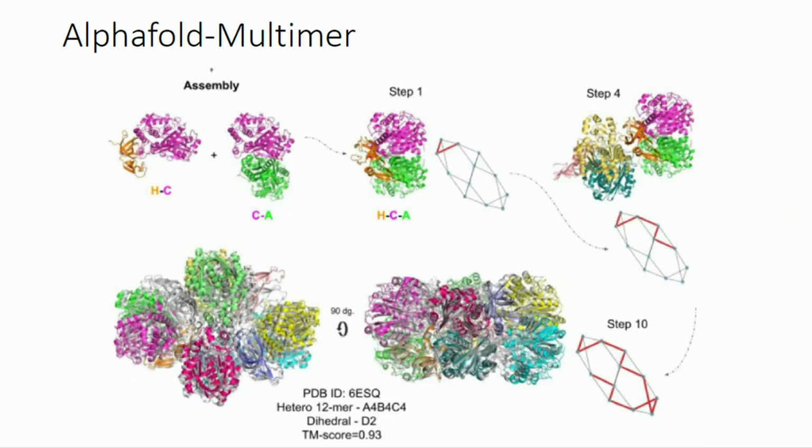So as a follow-up of AlphaFold 2, DeepMind came up with an additional assembly algorithm that makes use of AlphaFold predicted structures, augmented with a reinforcement learning algorithm, to give you a way of assembling multiple predicted structures together into a multimer. This is what they call the AlphaFold multimer model, where you have some initial guess from AlphaFold 2.